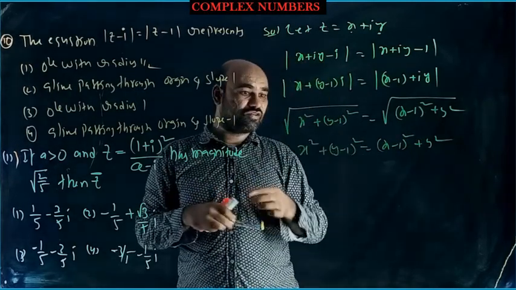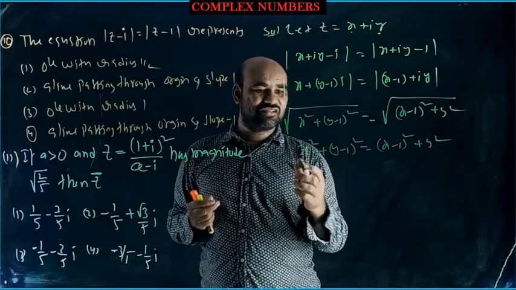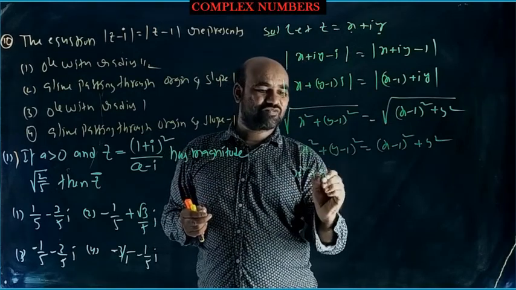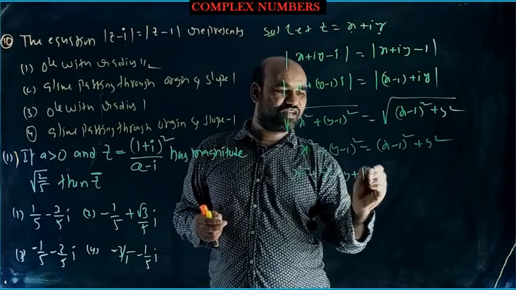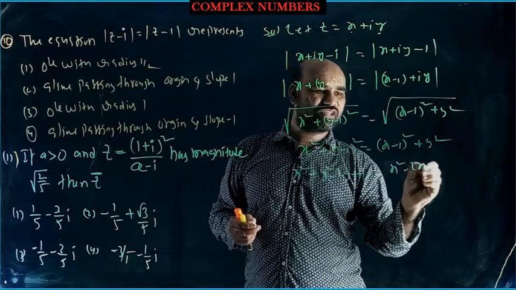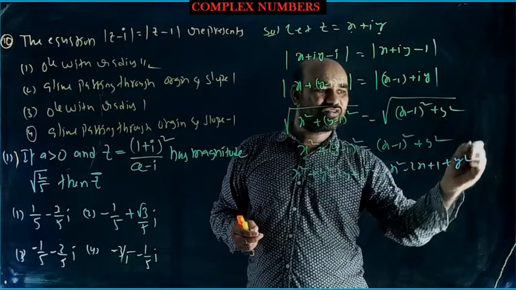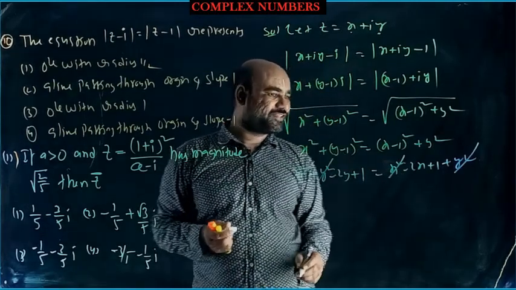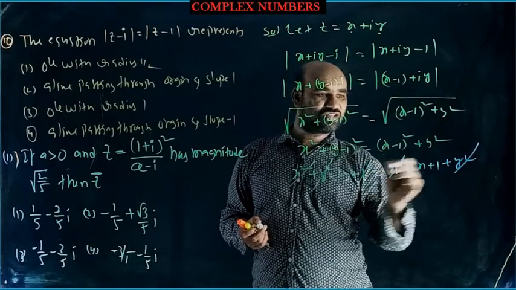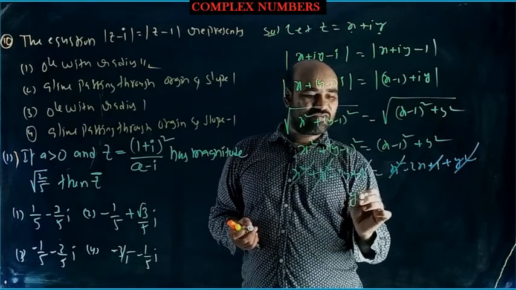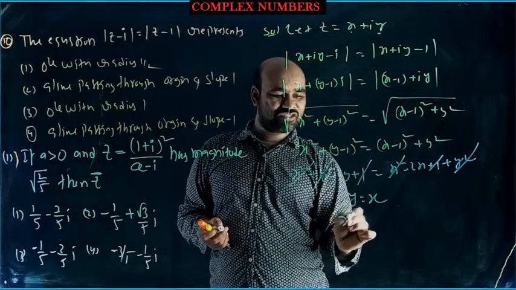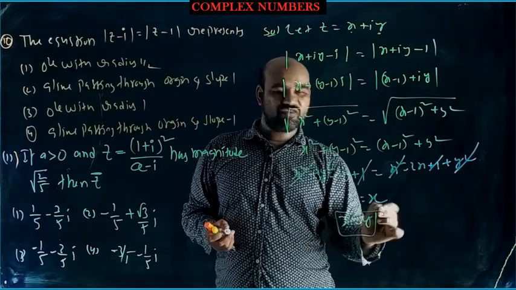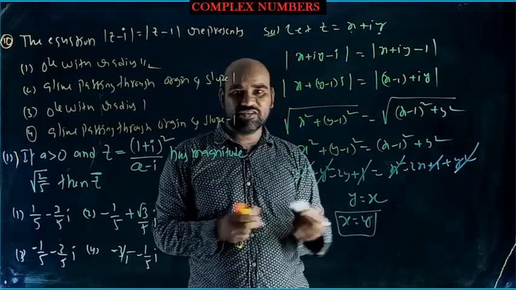Now simplify: x square plus y square minus 2y plus 1 equals x square minus 2x plus 1 plus y square. Y square gets cancelled, x square gets cancelled, and 1 also gets cancelled. What did you get here? y equals x, or x is equal to y, a straight line passing through the origin having slope 1.